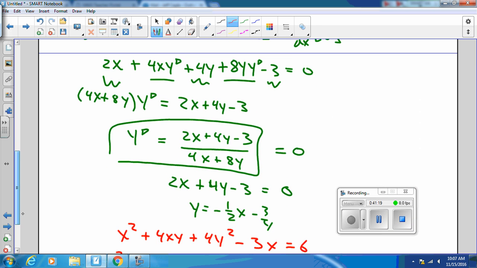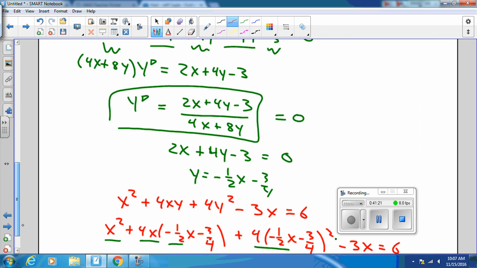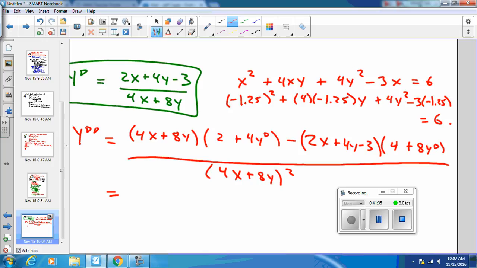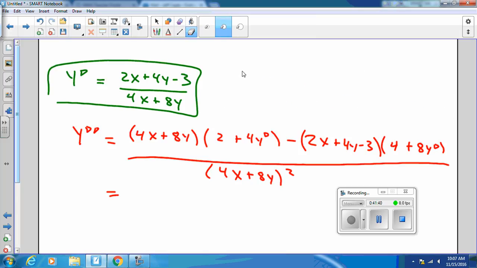And all that is equal to 6. Go ahead and find y. Actually, I think we can be smart about this because we had two relations between x and y. One of those relations was y equals negative half x minus 3/4. So why not use that relation instead of the hard relation?